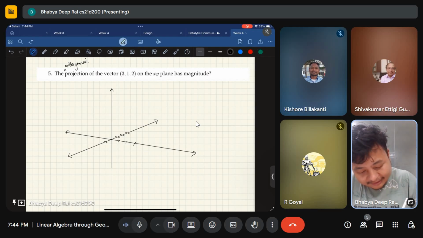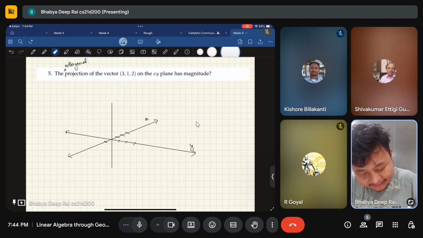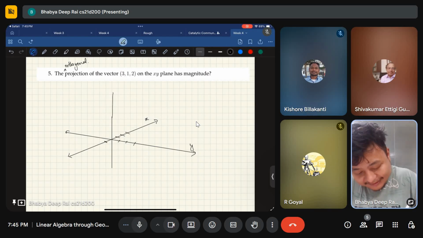So all you have is 1, 2, 3 on the x-axis, and then you have 1 on the y-axis, and 2 on the z-axis. That's your vector.